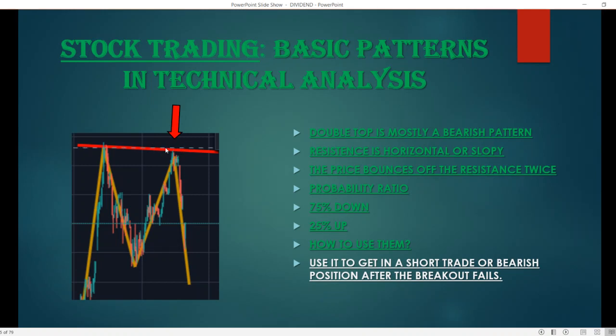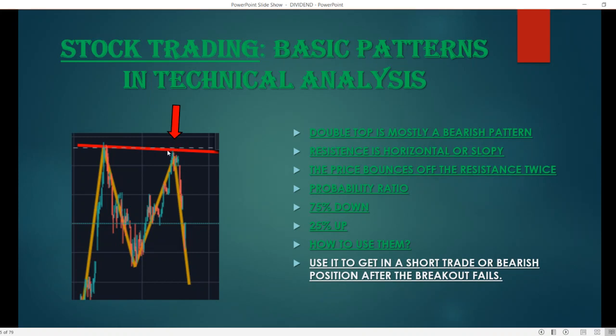If you have drawn your resistance line, you will see this and you'll be waiting here, and you are waiting for the stock to do two things: at least break above this resistance, and at most get a rejection from this resistance and drop.